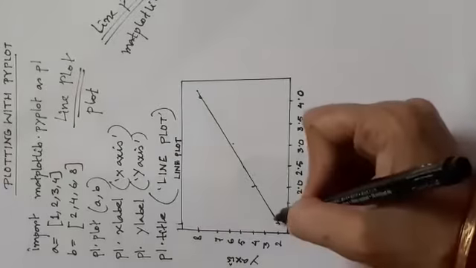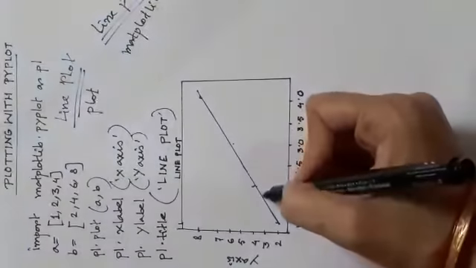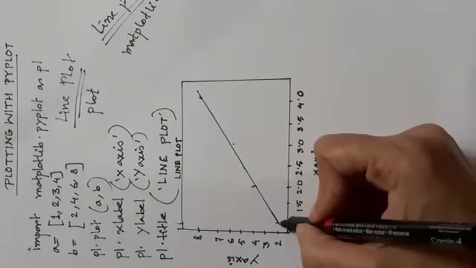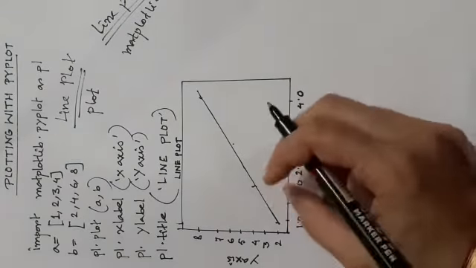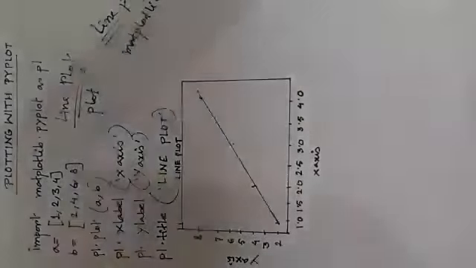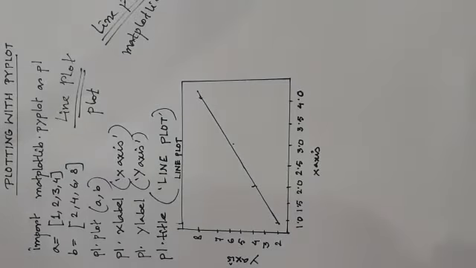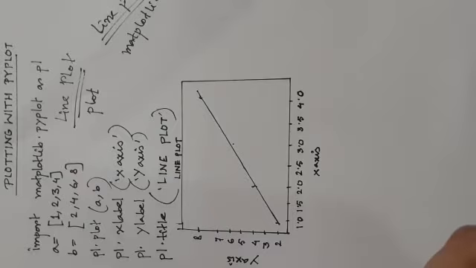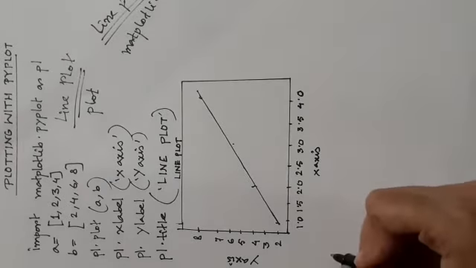Now, when the line is there, you will not be able to see the points specifically, the joining points of 1 and 2. Only one straight line will come. If you want to see those points, you have to pass some more arguments. So that we will do now.